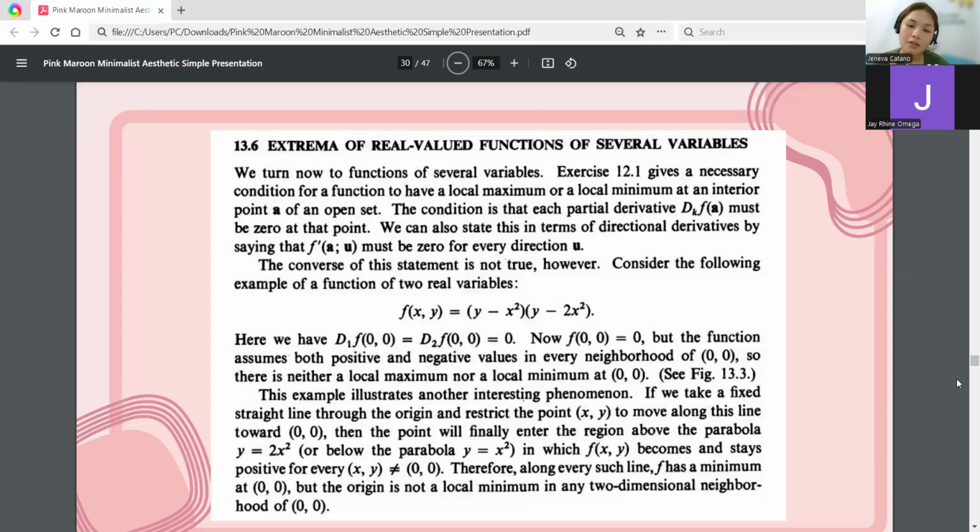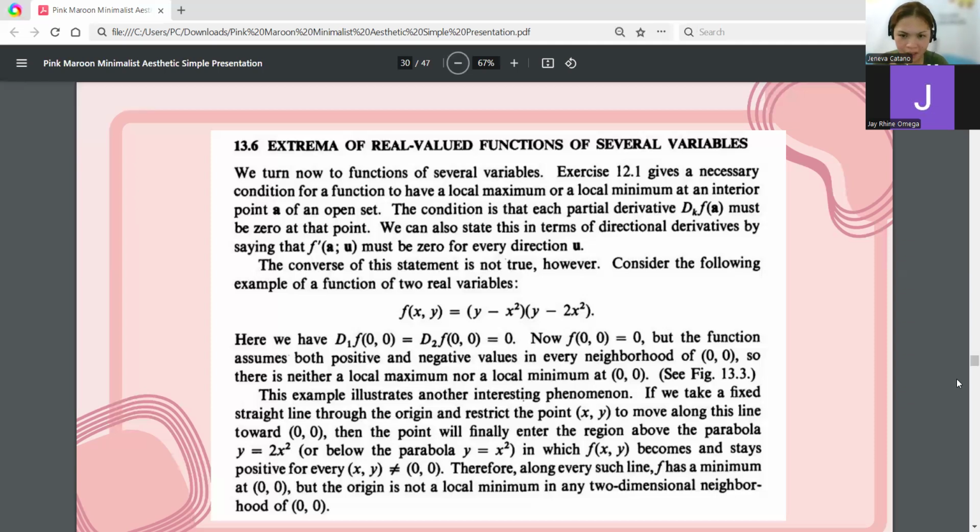However, consider the following example of a function of two real variables. f(x, y) = (y - x squared)(y - 2x squared). Here we have D_1 f(0, 0) = D_2 f(0, 0) = 0.